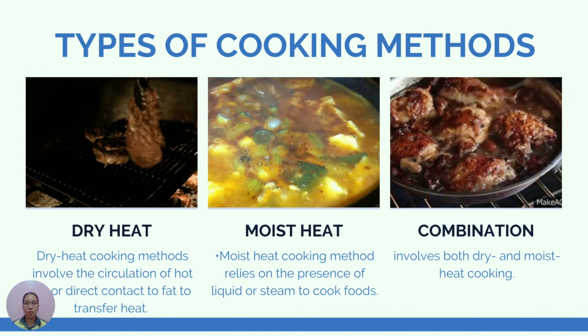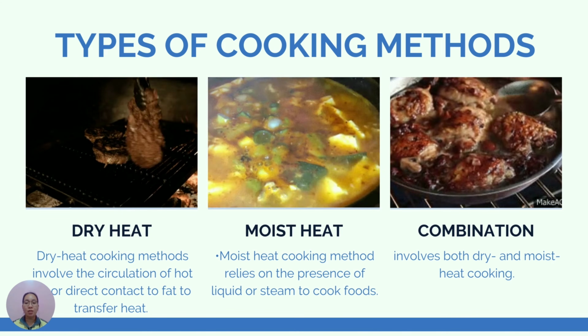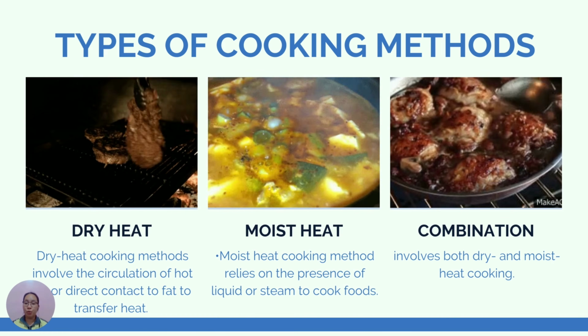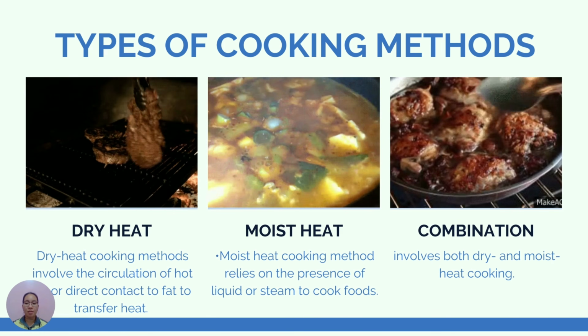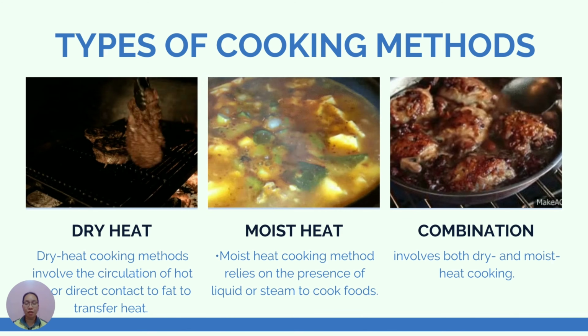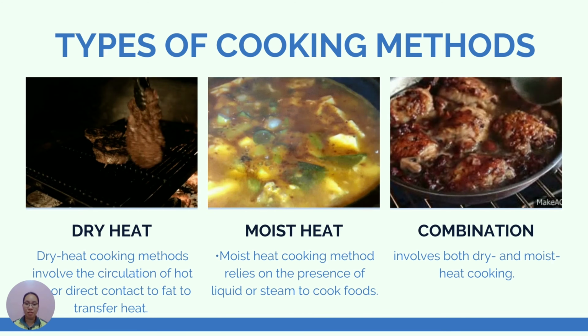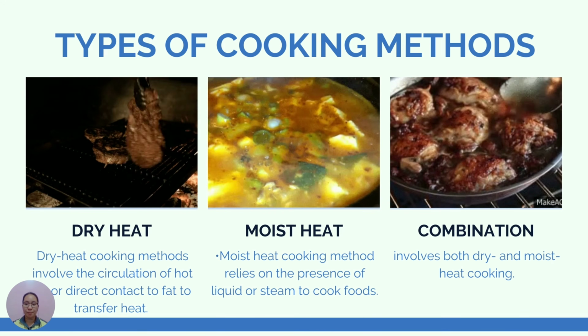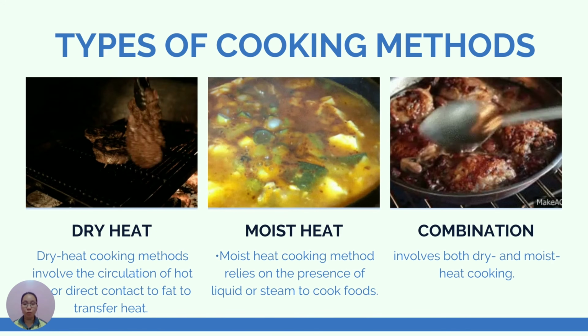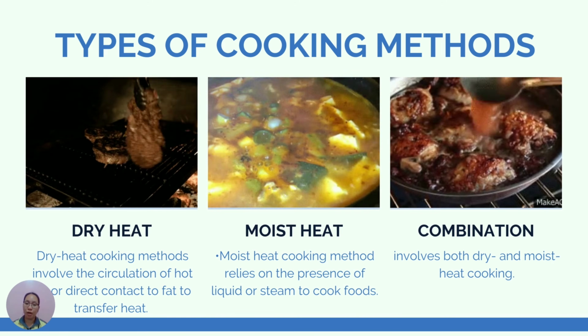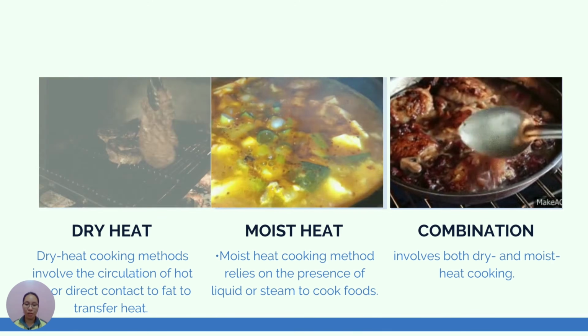Unlike dry heat cooking methods, moist heat cooking will not produce a brown crust, but they are excellent at softening the tough fibers in food. And then lastly, we have the combination, which involves both dry and moist heat cooking.